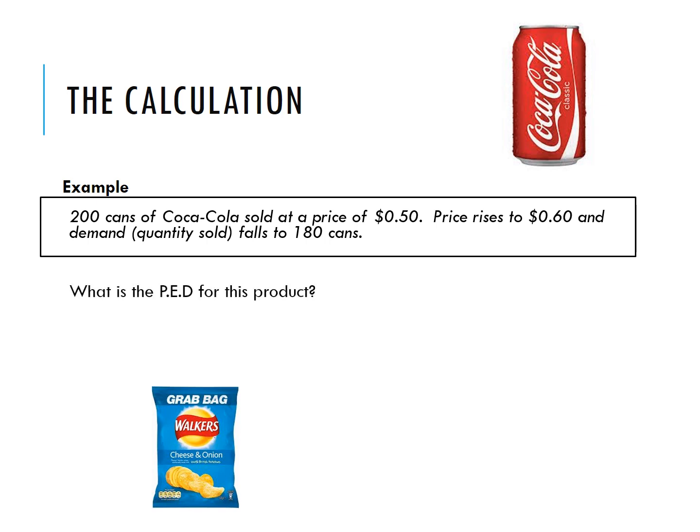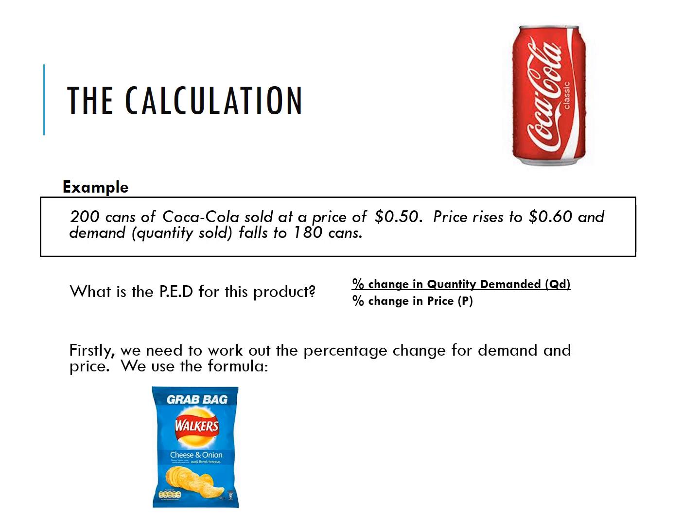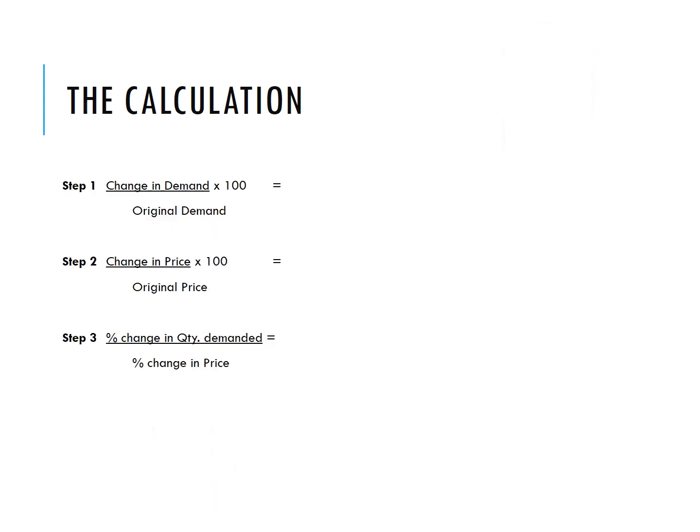First of all, let's get our formula. Our formula is the percentage change in quantity demanded divided by the percentage change in price. So firstly, we need to work out the percentage change for demand, and then we need to work out the percentage change for price. Remembering that we use the formula change in value divided by the original value times 100 gives us the percentage change.